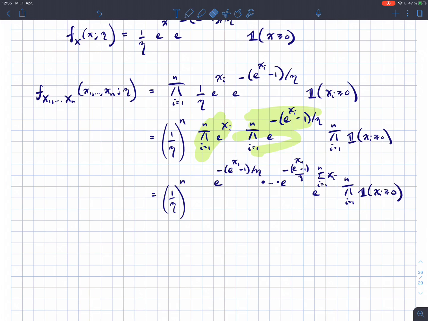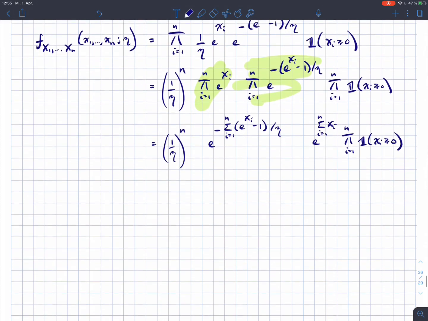So these things are all going to get summed. So I can write it as e to the negative sum of e to the xi minus 1 over eta.